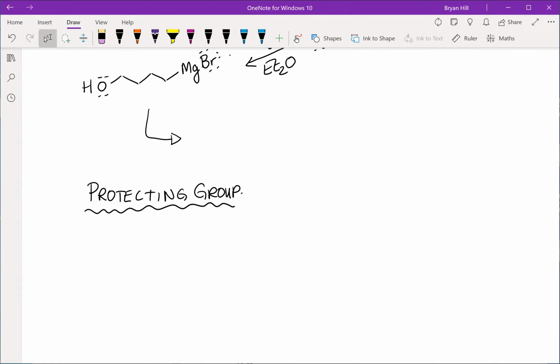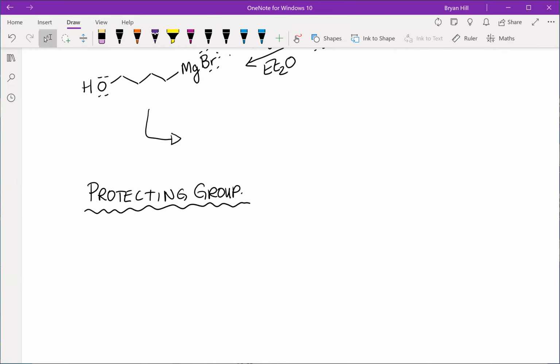So at the start of Organic 1, we had a whole bunch of different functional groups. We used them as our alphabet, and different functional groups have different chemical reactivities. And some of them will interfere in the chemistry because they're too reactive.